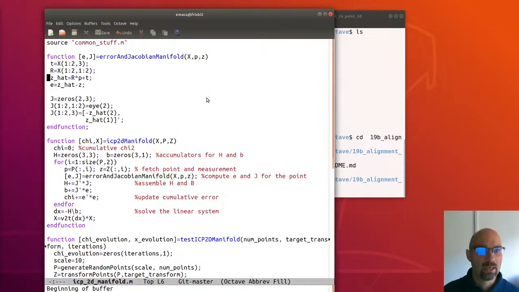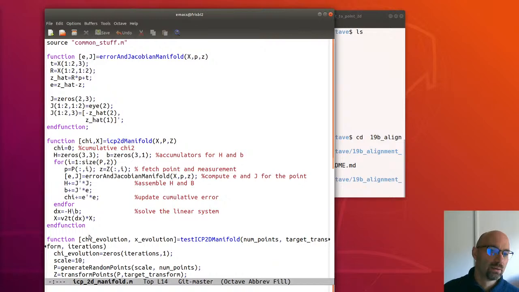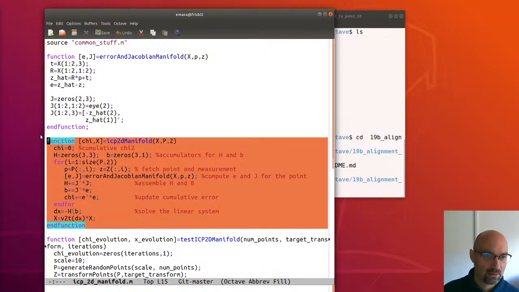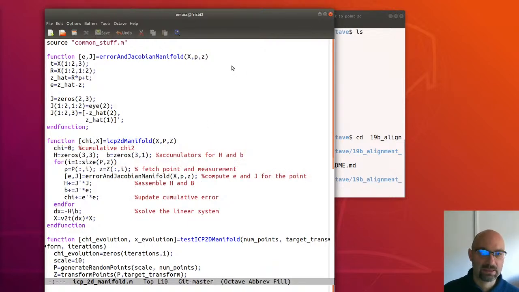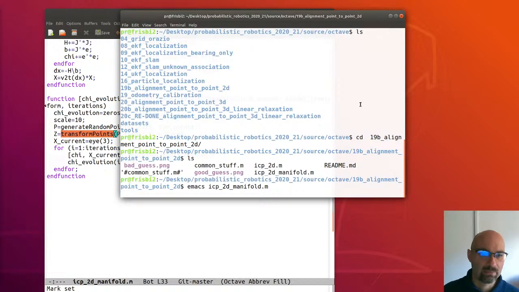This is exactly the same program that we encountered before. This is the piece of program that you have in the slides, and what you see here is the test for ICP that generates a set of random points, applies the transform, and runs the iteration of ICP on the manifold.